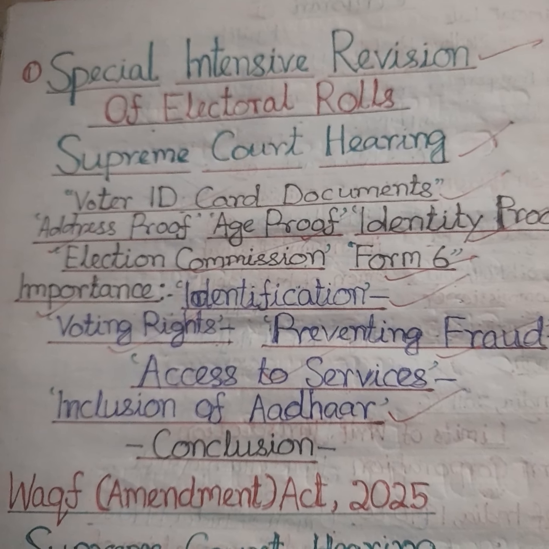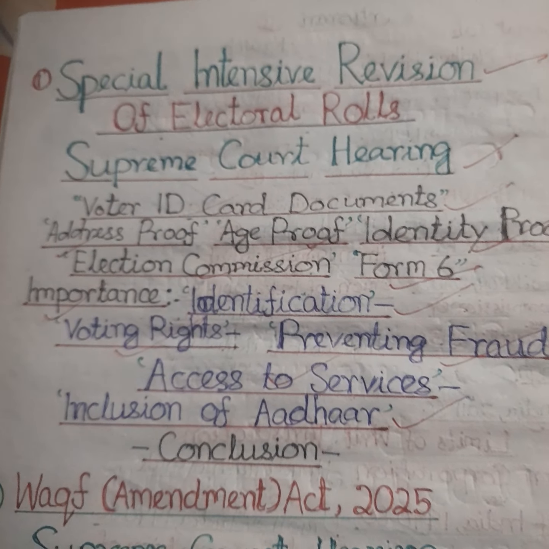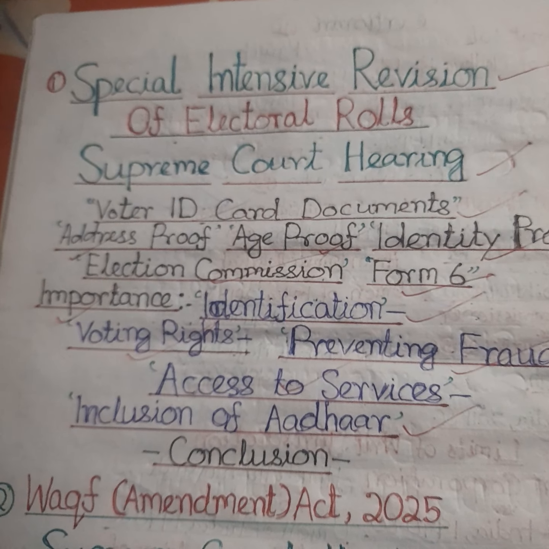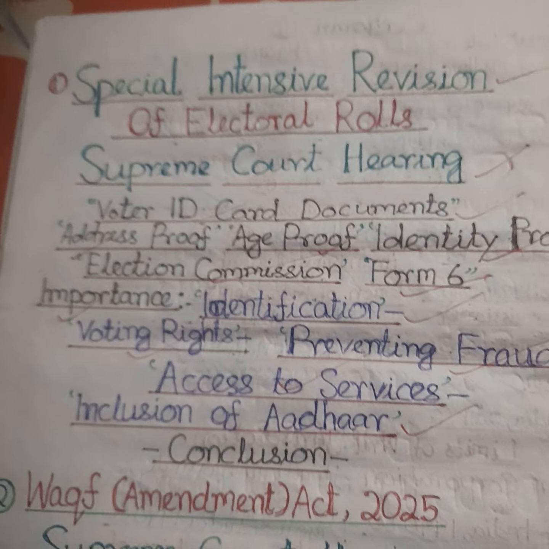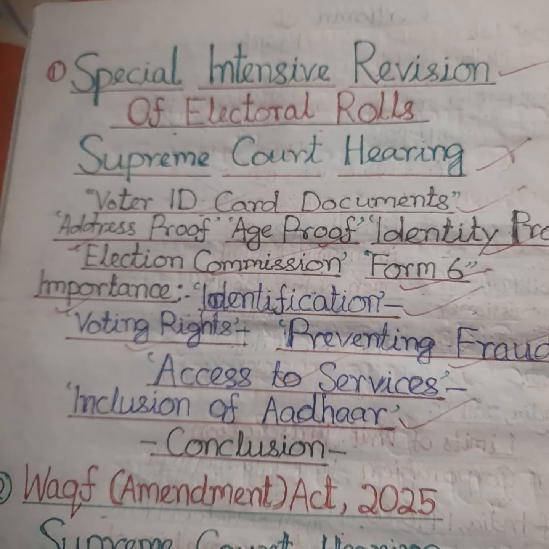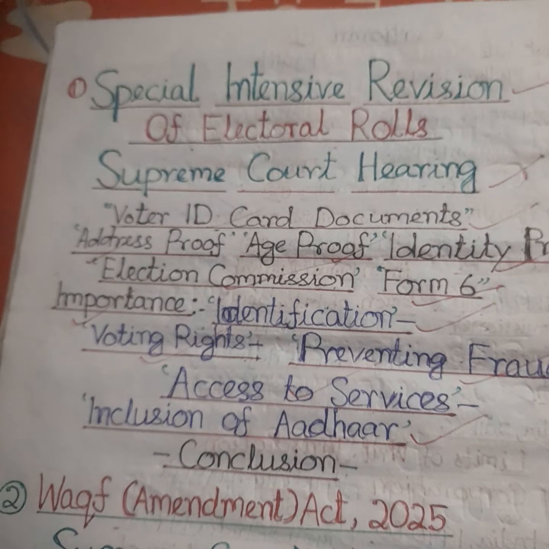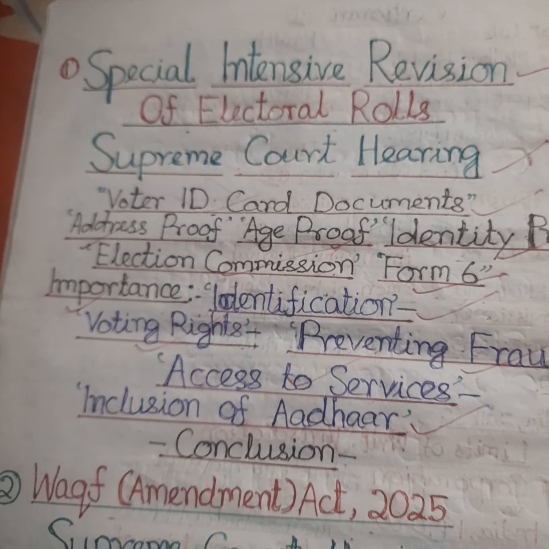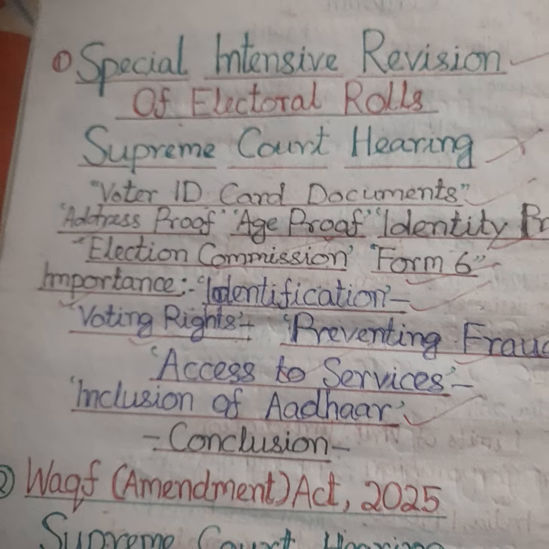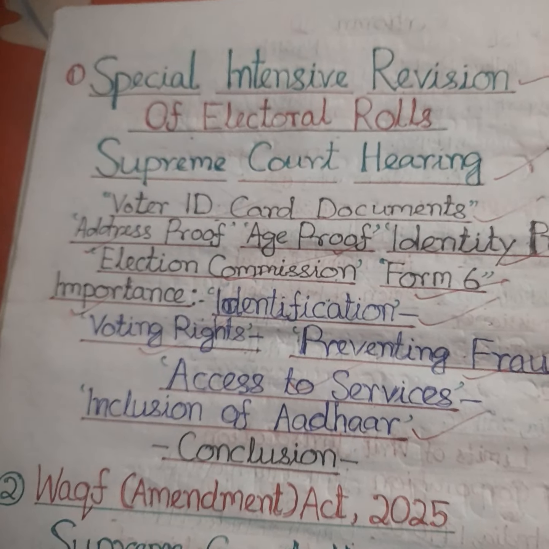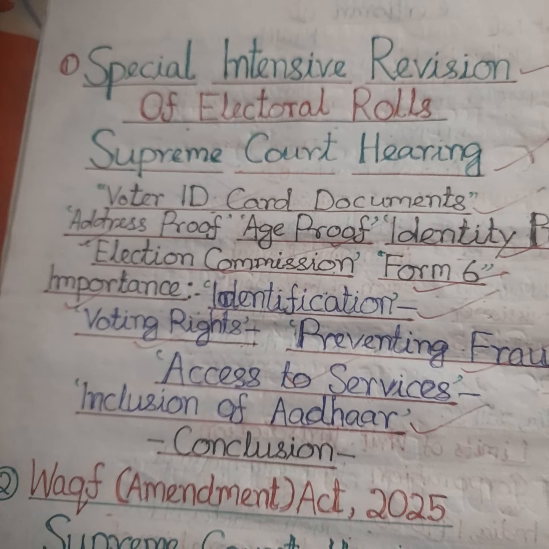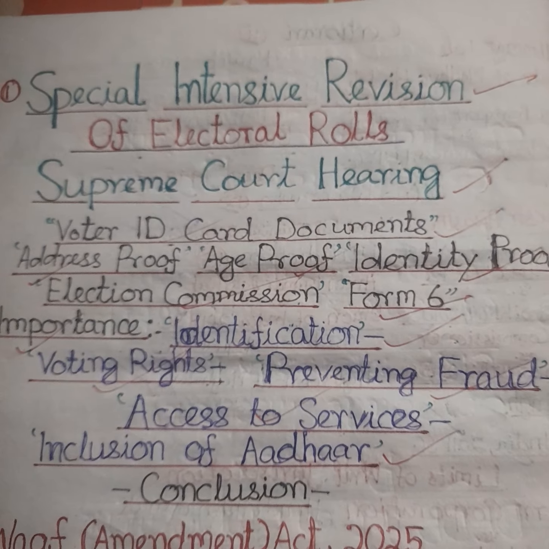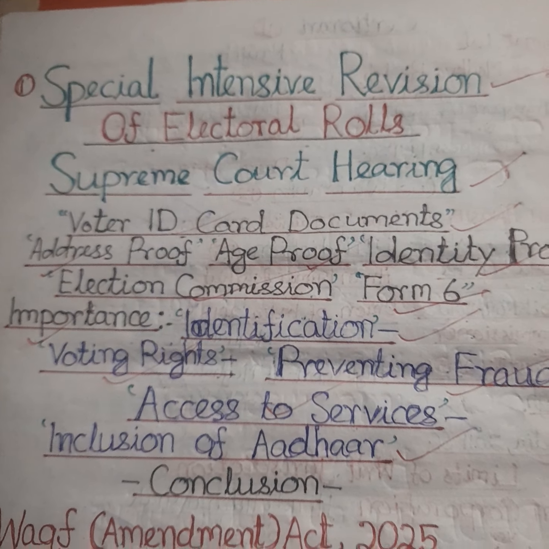The Election Commission, through senior advocate Rakesh Dwivedi, told the bench that of a total of 7.24 crore names included in the draft voter list, 99.6% of voters have submitted one of the 11 documents specified under the Special Intensive Revision.